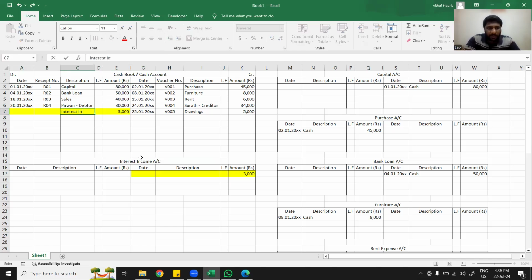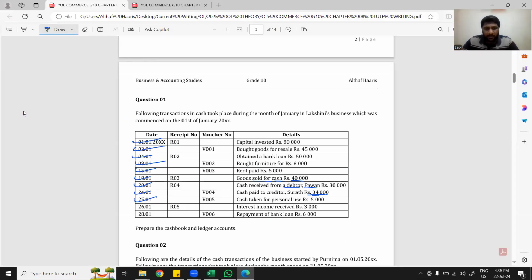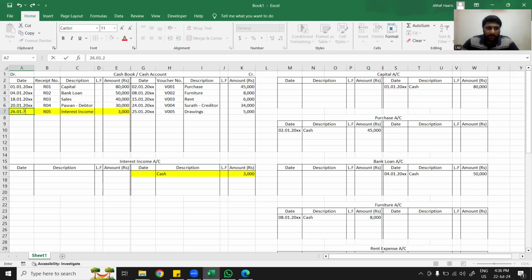Interest income. What's the date? 26/1/20XX. Cash account debit. Interest income credit.